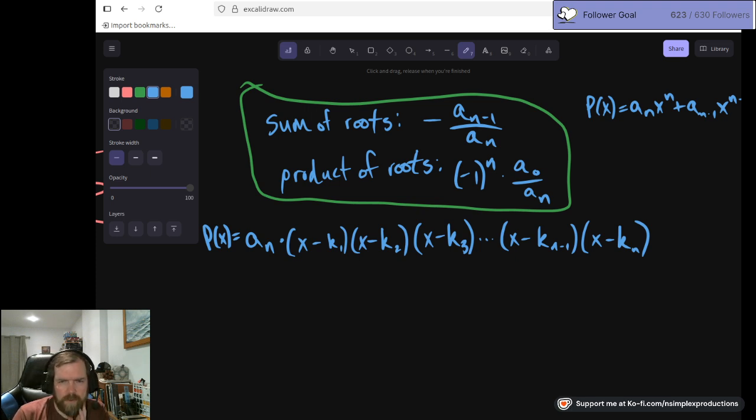Okay, and if we're looking for the product of the roots, then that's the product of only these numbers here, and then the a sub n is going to be along for the ride.